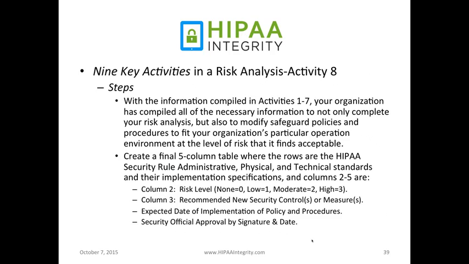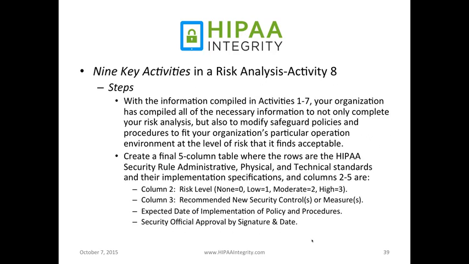So the steps here, you've completed all your information gathering. You now need to modify your safeguard policies and procedures to fit your particular operational environment to risk that is acceptable.